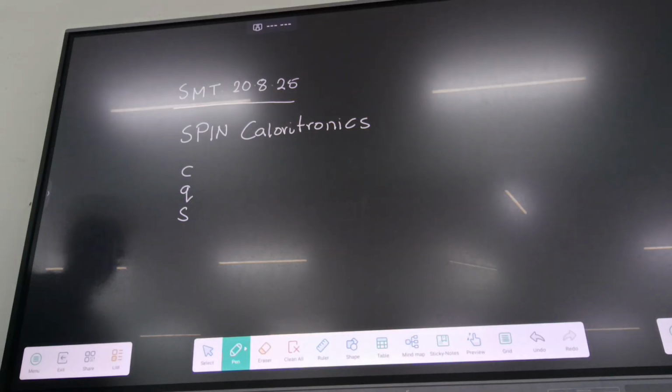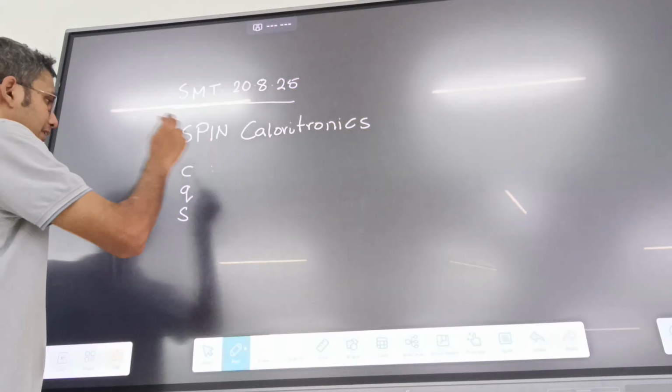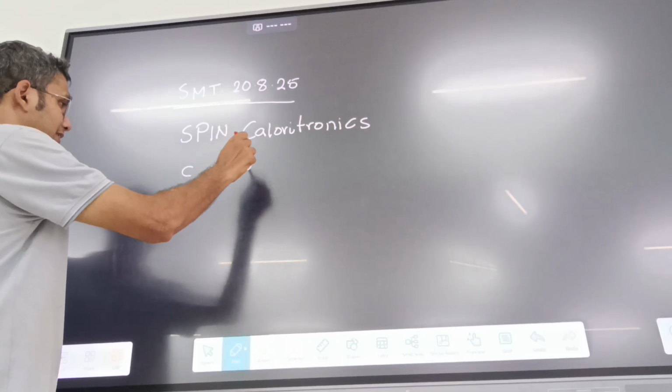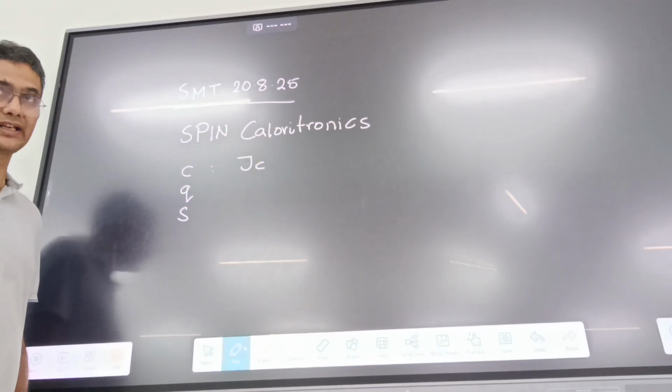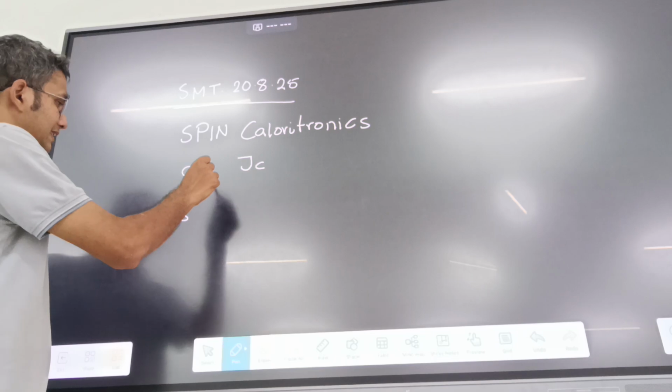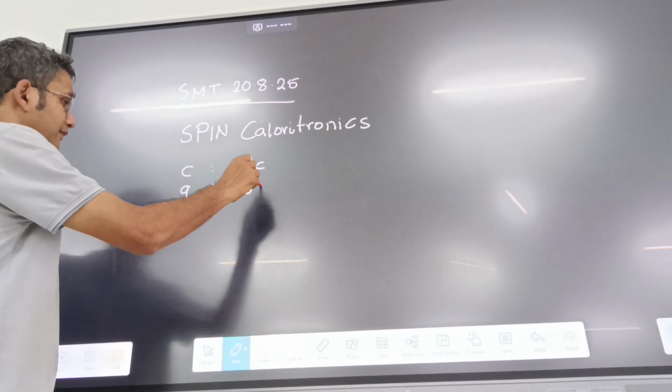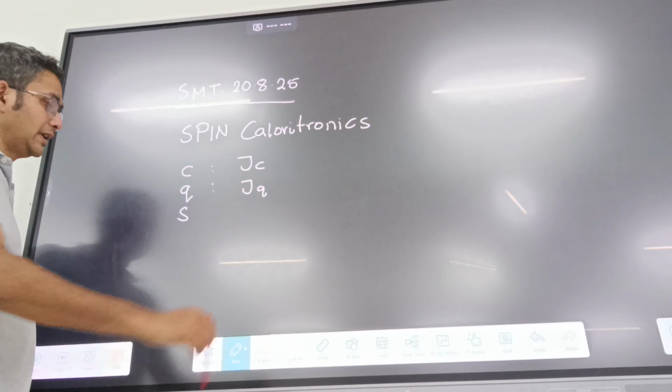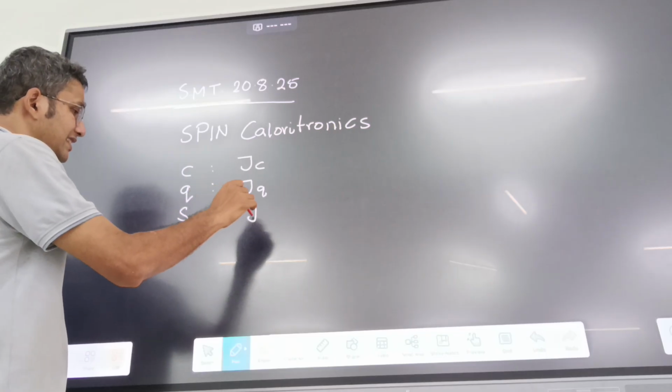So from charge, there is associated charge current, the normal current that we have. This is heat flow, and this is spin flow.